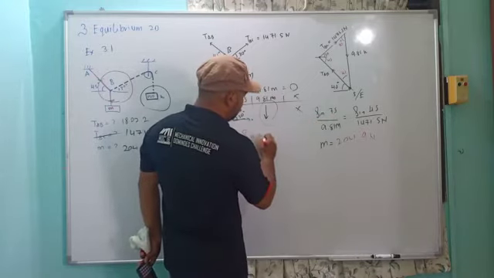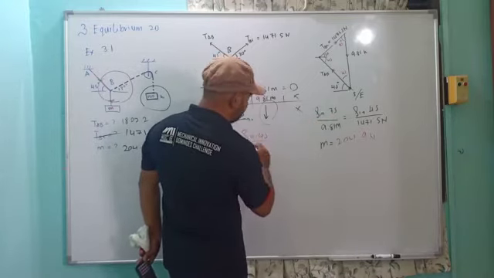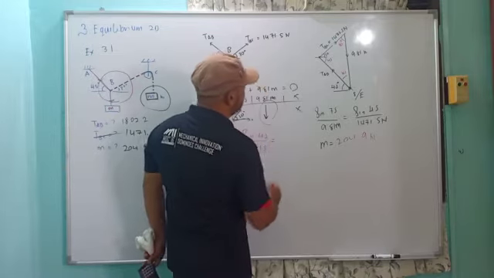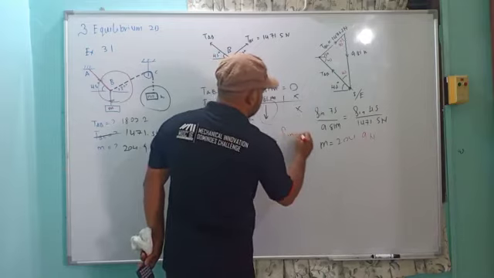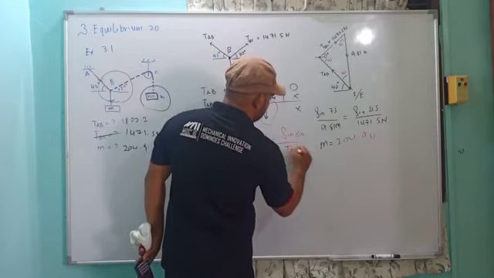Sine 45 divided by 1471.5 equals, now you want to know TAB, so sine 60 divided by TAB.